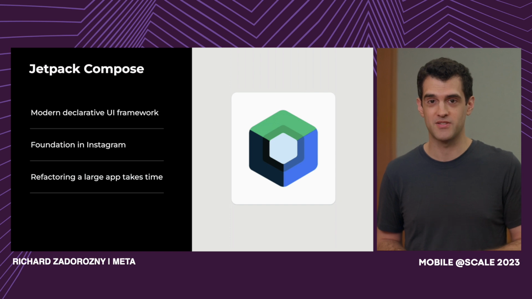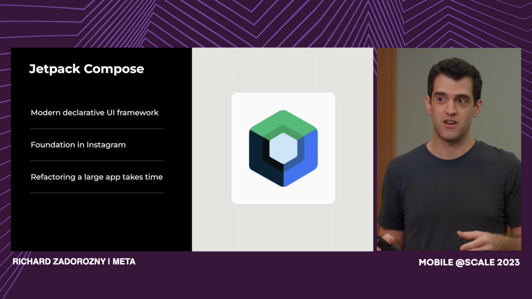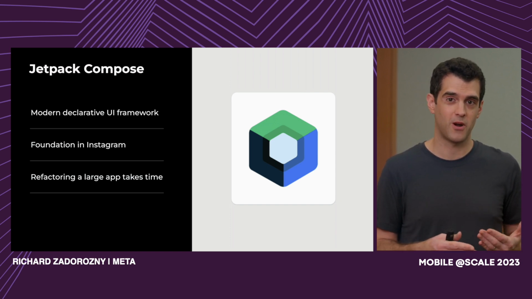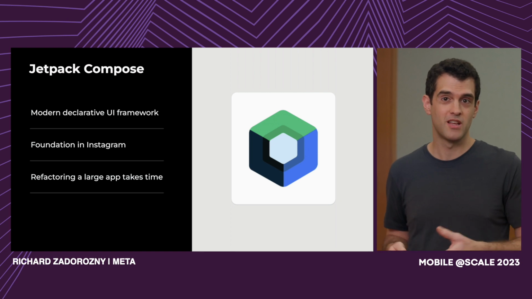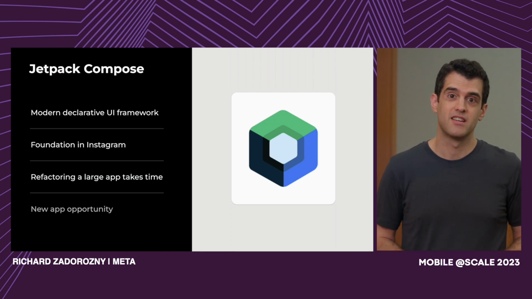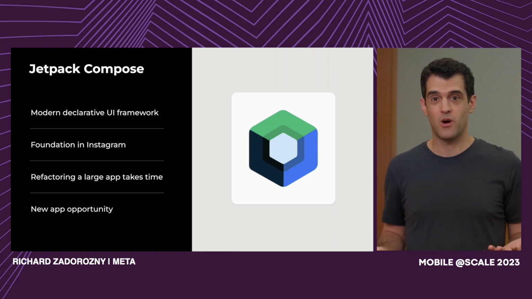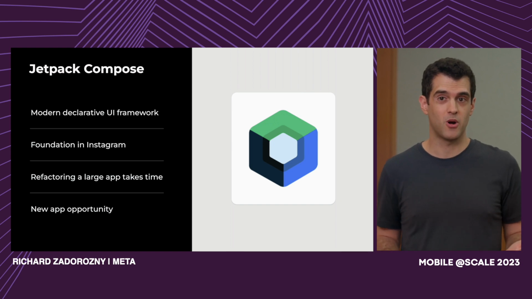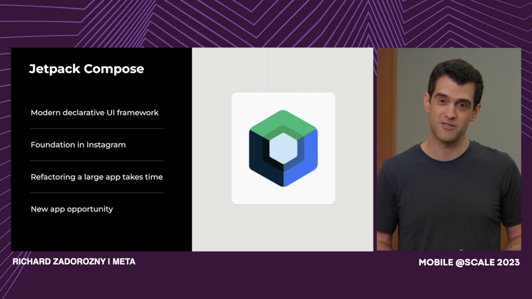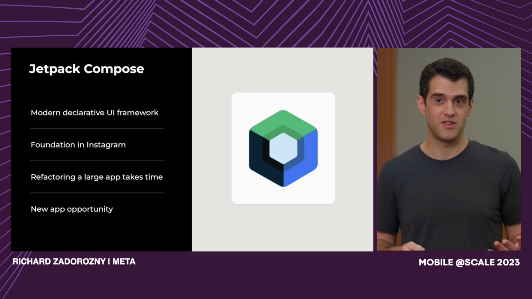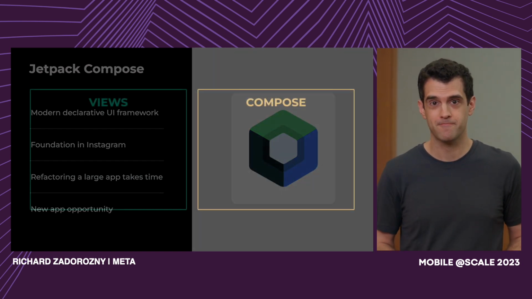It has to be really fast. And making sure, trying to change the UI framework while maintaining that high performance would be really challenging. So with Threads, we have a new opportunity where maybe this would be an appropriate way to get a lot of expertise in Compose really quickly and sort of catalyze adoption throughout the rest of Instagram.